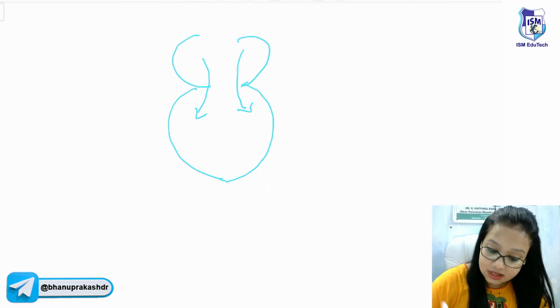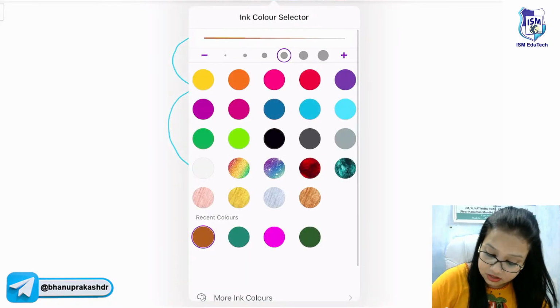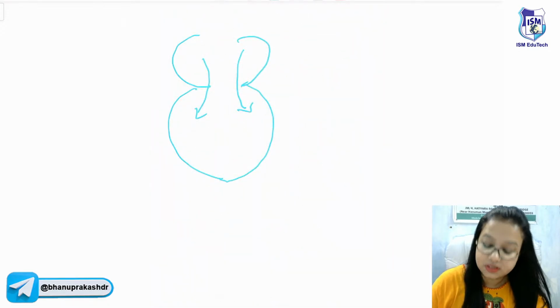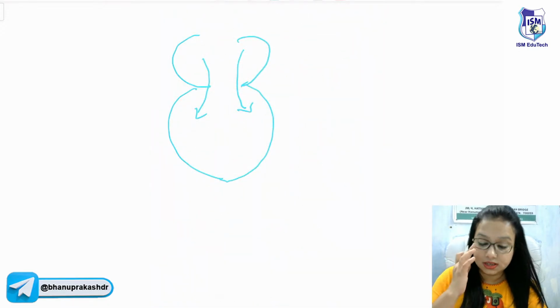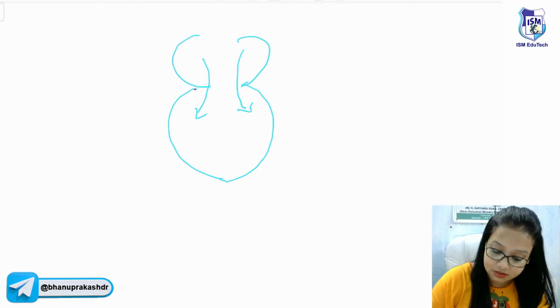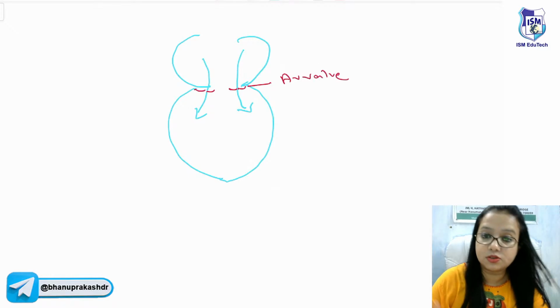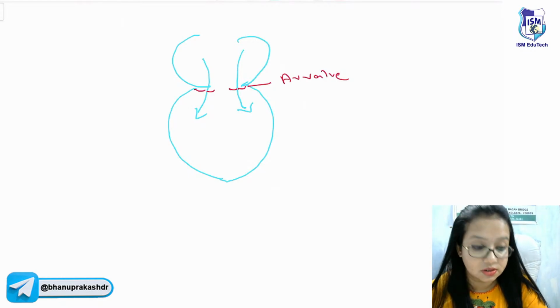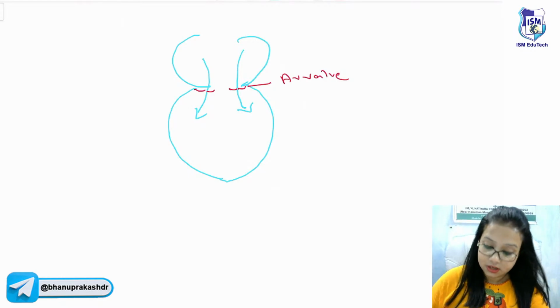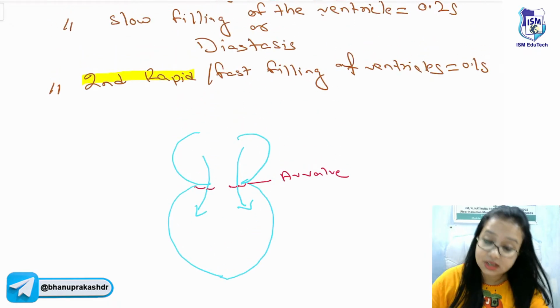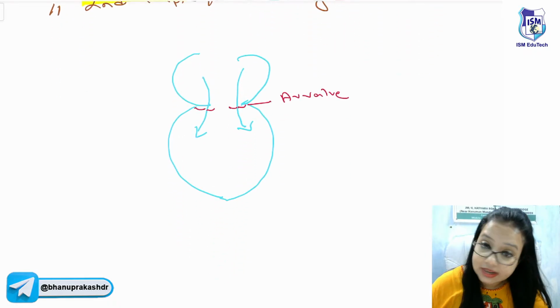And via which structures does it get filled? It gets filled via the AV valves. On the right side we have the tricuspid valve, and on the left side we have the mitral valve, or the bicuspid valve. So this filling phase is totally related to the atrium.